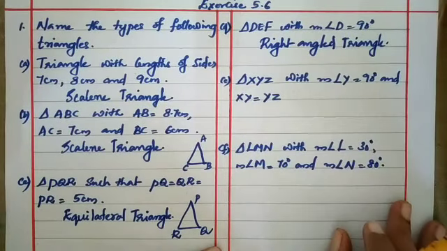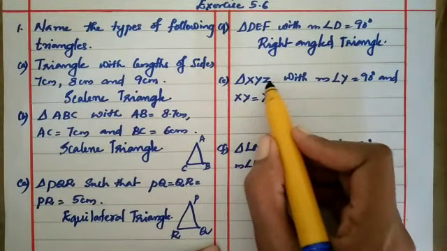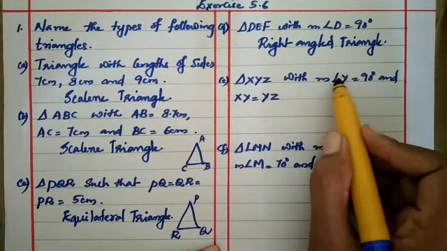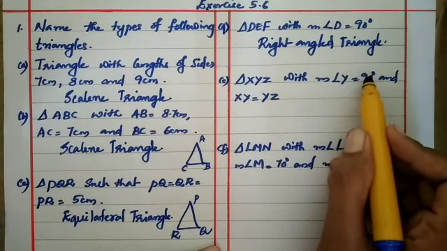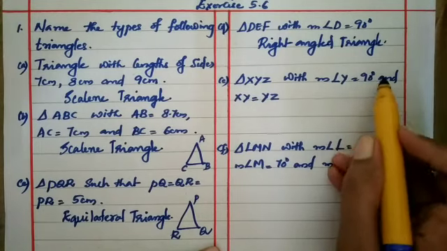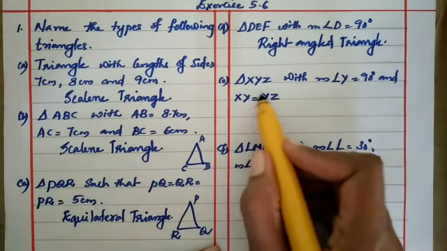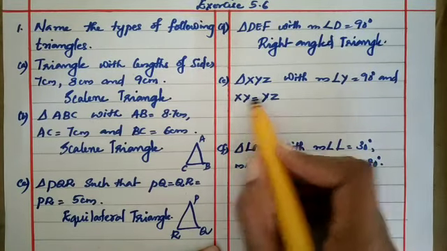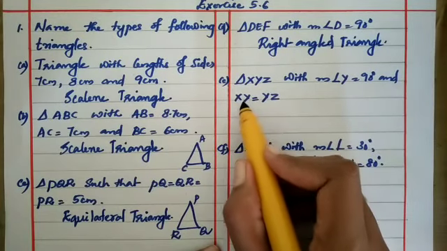Then the triangle is a right angled triangle. Okay. Then next, triangle XYZ with measure of angle Y equals 90 degrees. So it's a right angle. And XY equals YZ, so two sides are equal. Then it is isosceles.